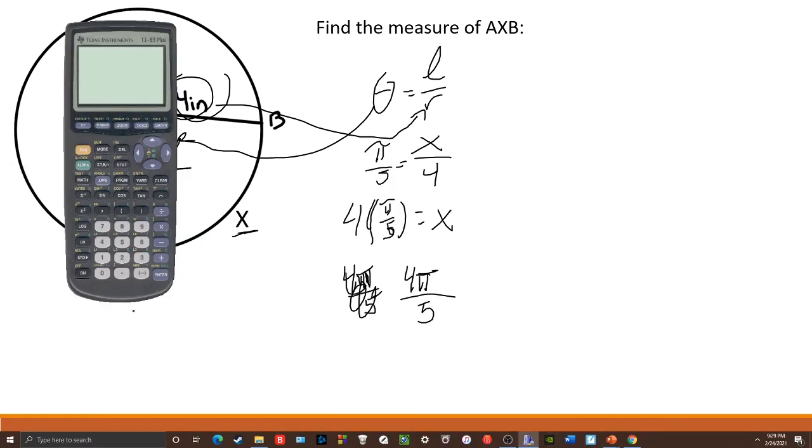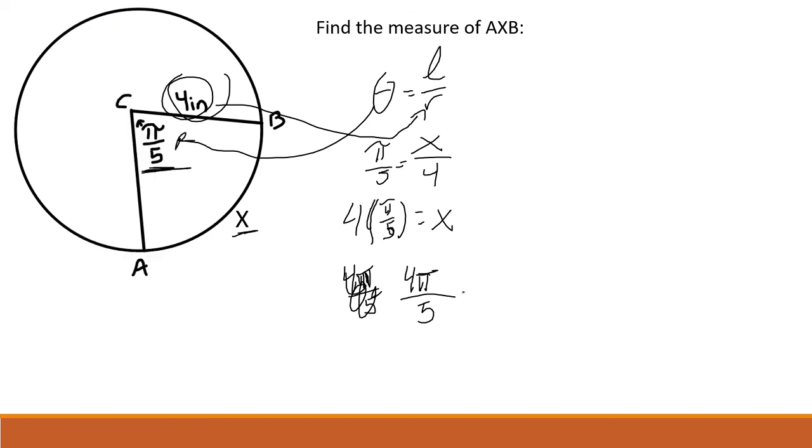So you can do 4 times pi divided by 5, and you get 2.51. So either of these answers work. This is the answer in terms of pi. This is the answer as a decimal. But they both tell you how big that arc length is. It's 2.51 inches across, or 4 pi over 5 inches across, depending on however you want to say it.